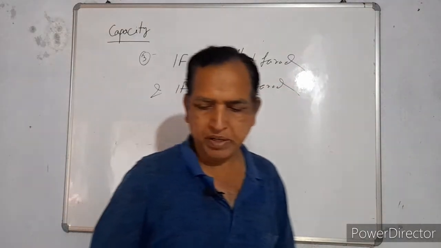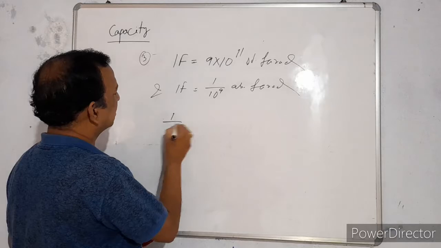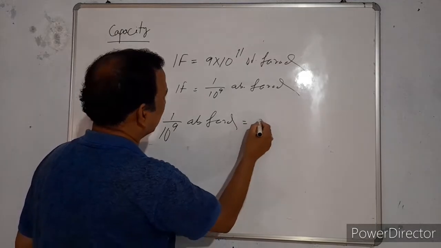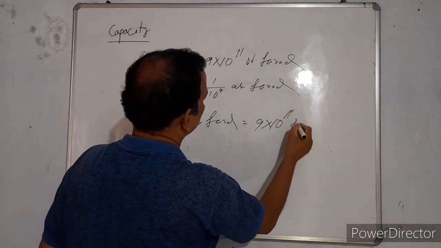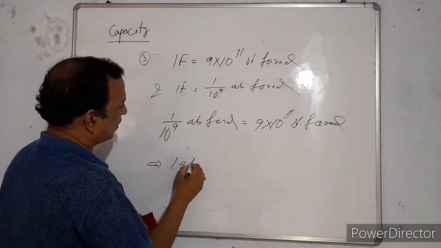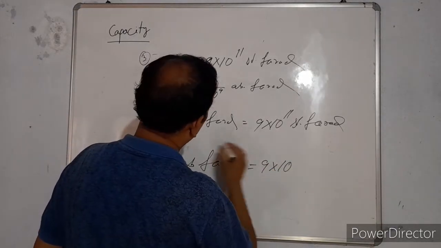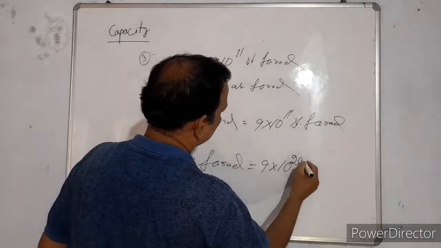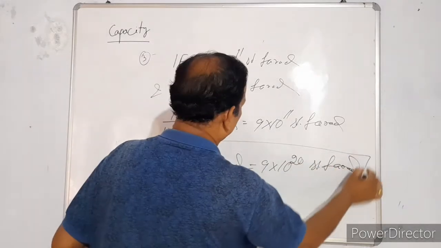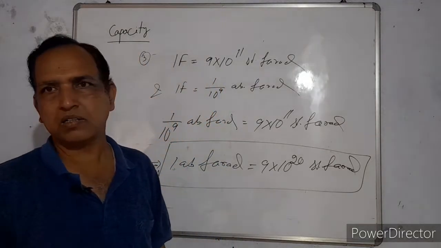So that means 10 to the power 9 absolute farad is equal to 9 into 10 to the power 11 statfarad. So this implies 1 absolute farad is equal to 9 into 10 to the power 20 statfarad. This is the relation between farad, statfarad, and absolute farad.